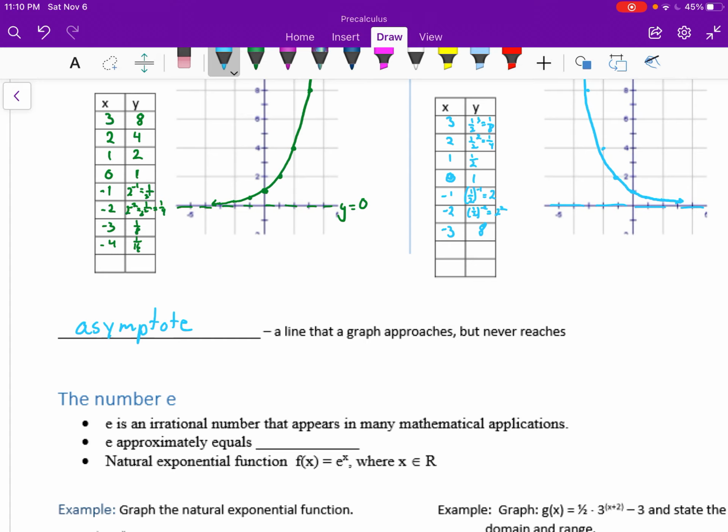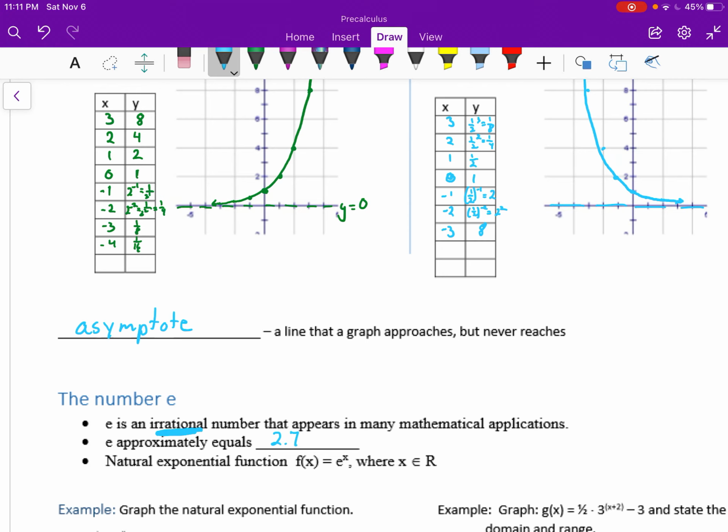All right, the number e. The number e is an irrational number that appears in many mathematical and scientific applications. It's about 2.7. It is irrational, so it keeps going and going and going, but it's about 2.7. And it's used with exponents quite a bit.